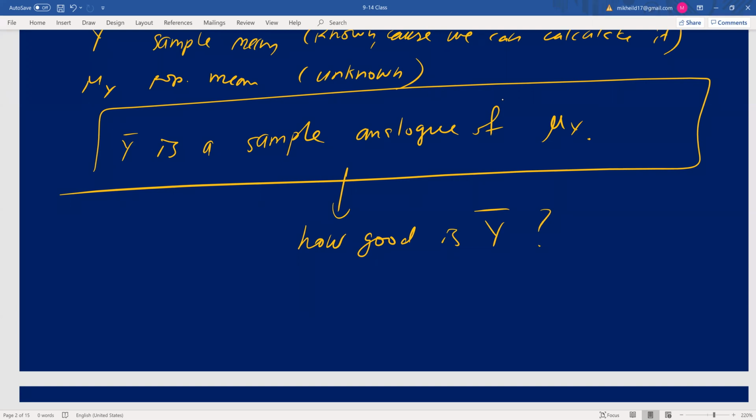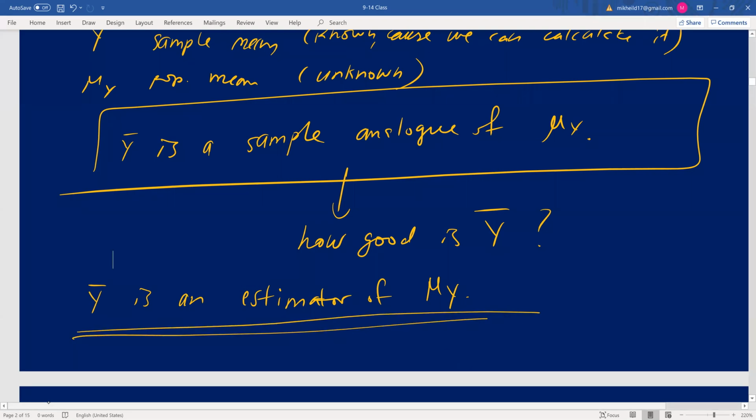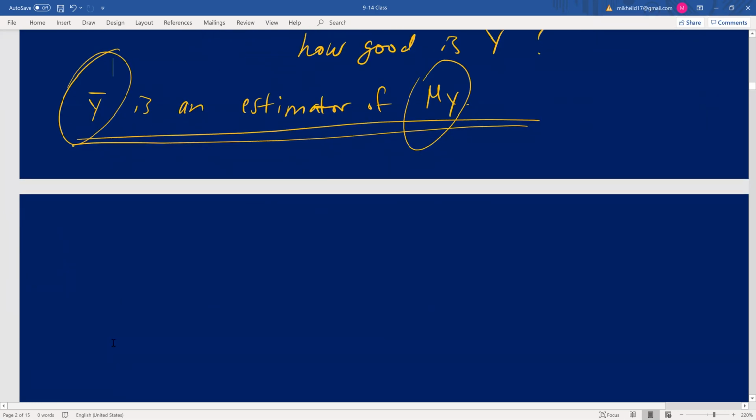Y bar is an estimator of mu of Y. Guys, are you with me? The question is, are you interested in Y bar or are you interested in mu of Y? Mu of Y. Exactly.